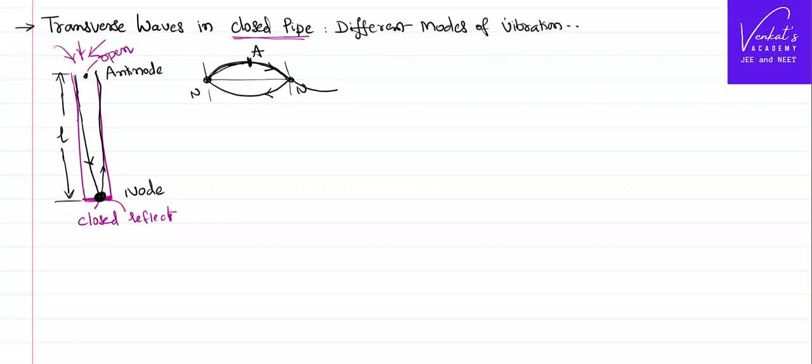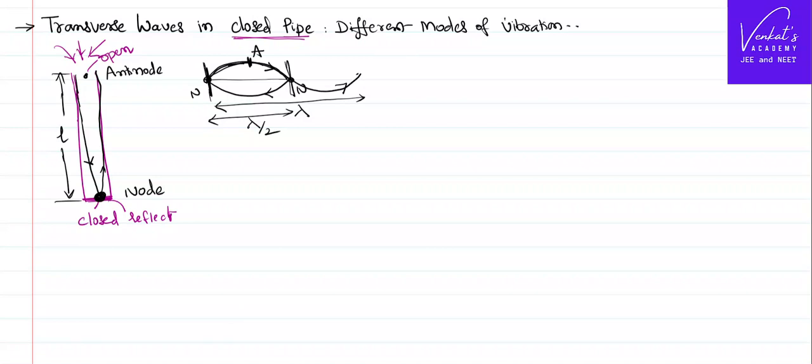If it has to become a complete wave, it has to go like this. If it had gone through this entire crest and trough, I could have called that length the wavelength. But that is only between node and node, which is half of that. So this distance is half of the wavelength. You know the distance between two nodes is lambda by 2.